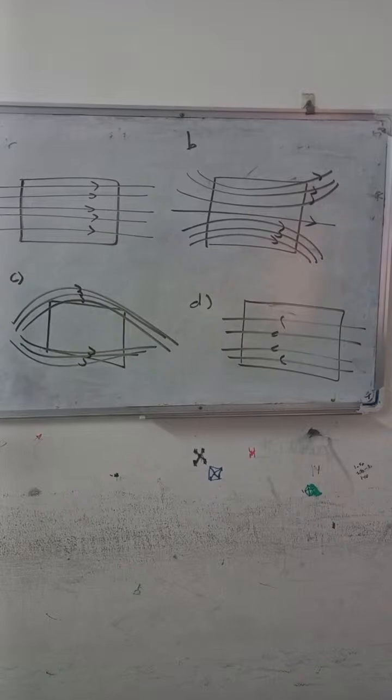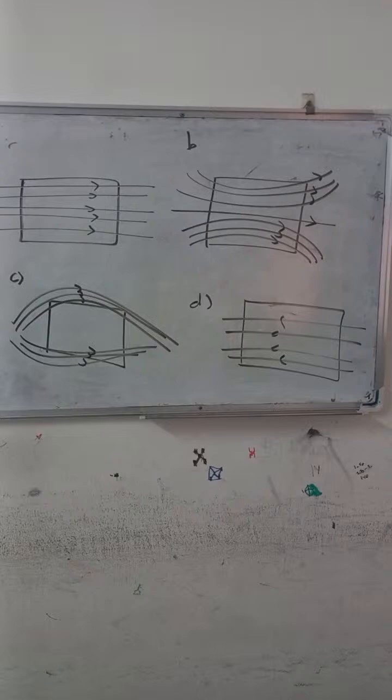So by reading this, option D gets cancelled because initially the magnetic field is going from left to right. If you observe the figure, A, B, C all are going from left to right. Option D gets cancelled. We will get only 3 now. Out of 3 we have to choose the correct one. So the wrong one is already gone.